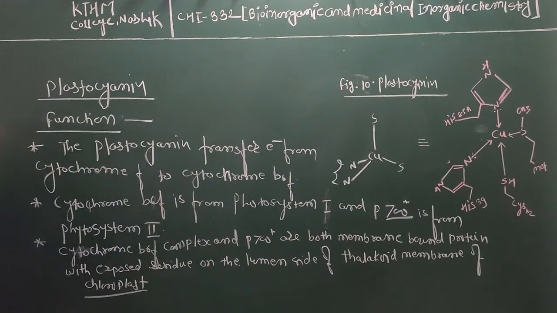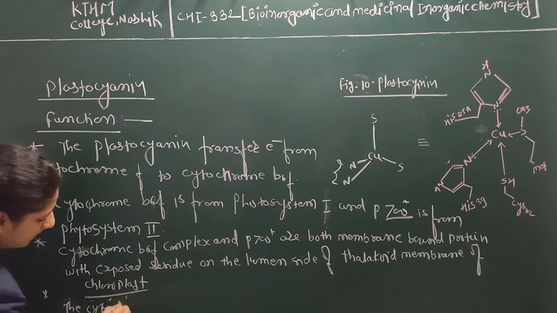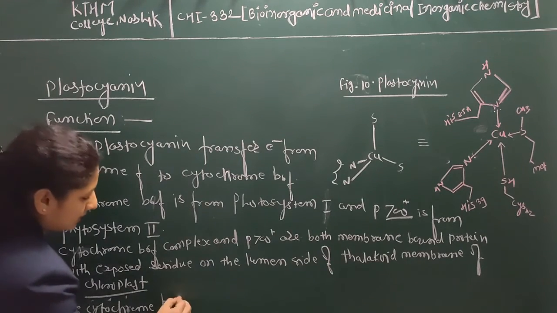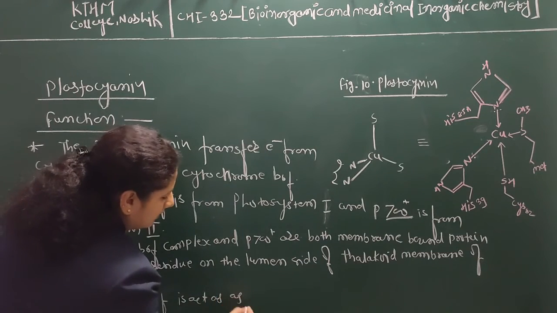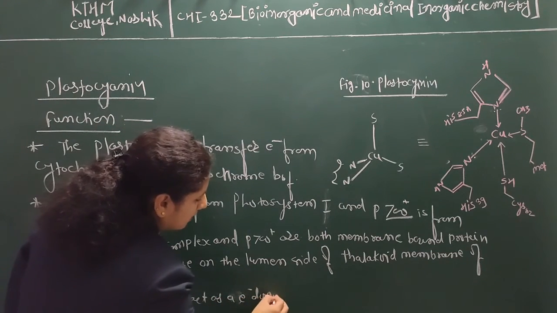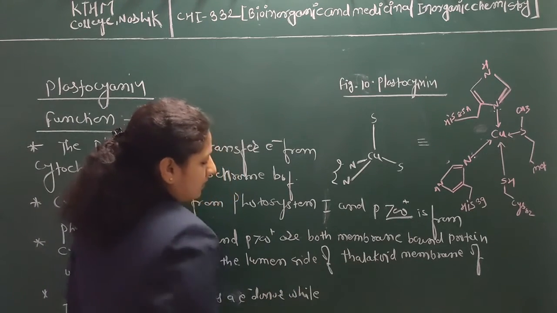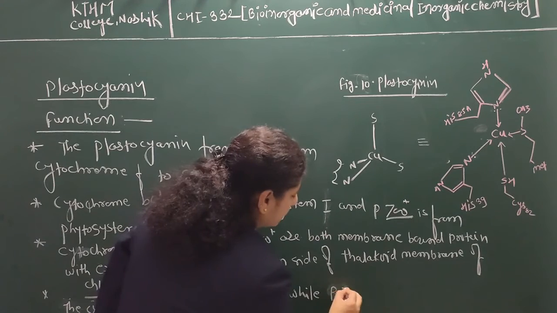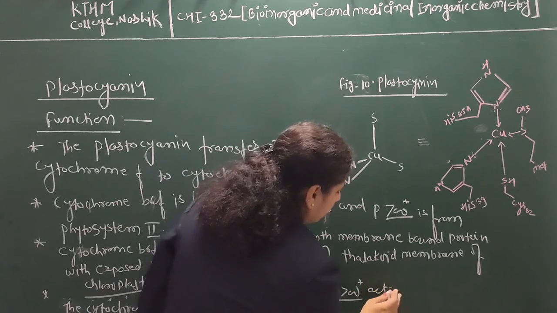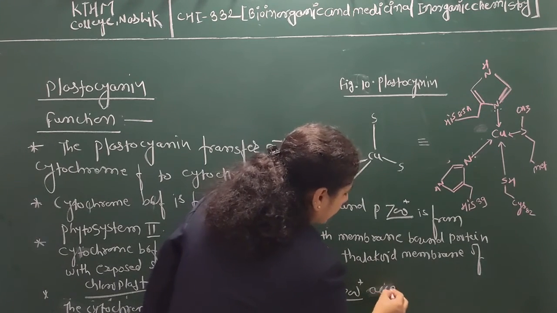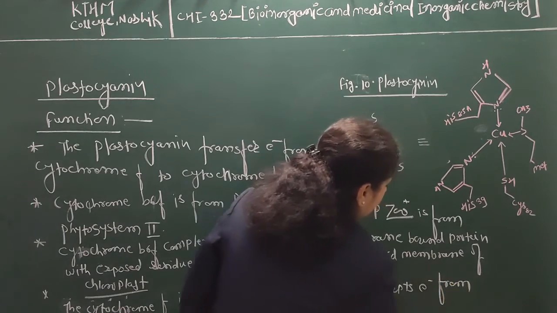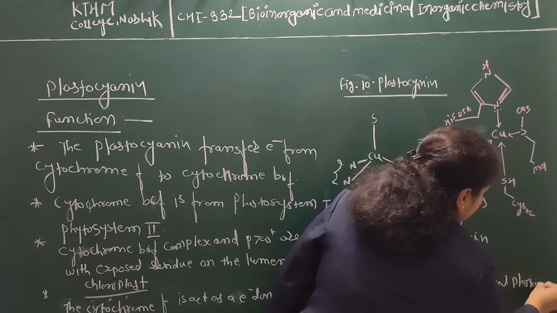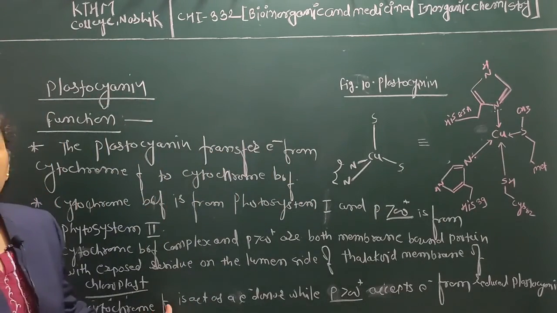So here the cytochrome F acts as an electron donor, while the other accepts electrons from reduced plastocyanin. So these are the important functions of the plastocyanin.